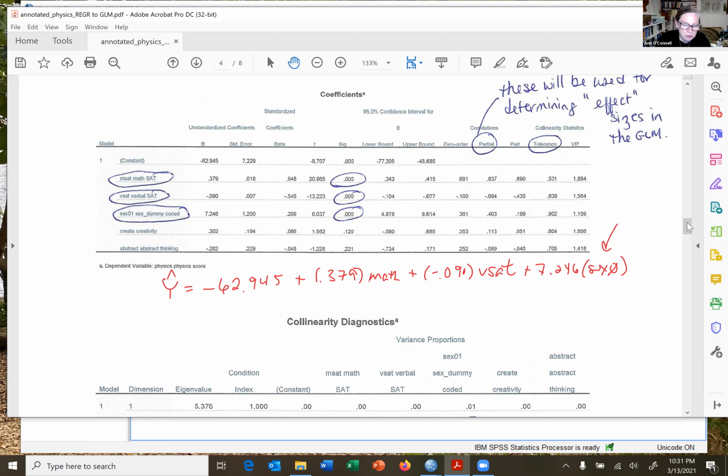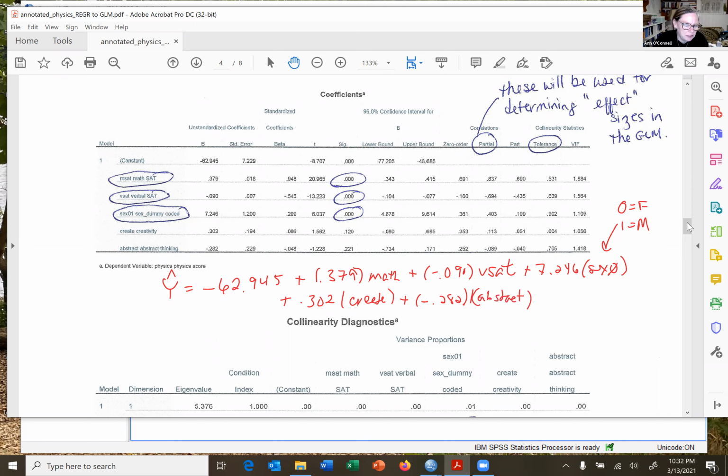Remember that 0 was equal to females here and 1 was equal to males. We'll interpret that in a second. Plus we have our remaining variables, 0.302 times the creativity plus a negative 0.282 times abstract thinking.